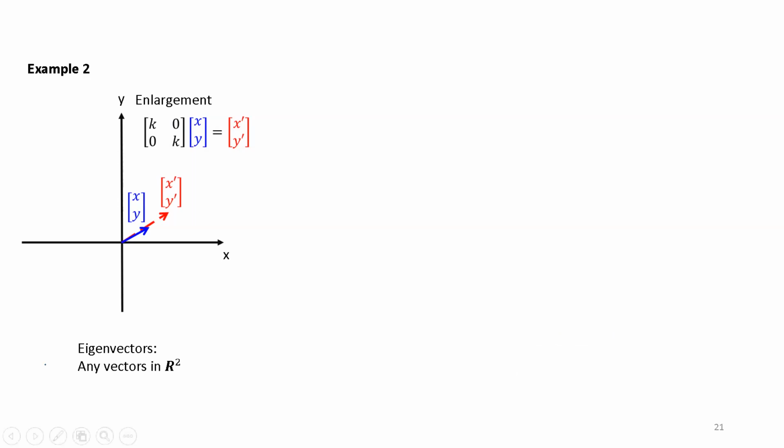So here I will still say that 1, 0 and 0, 1, and their linear combinations, are the eigenvectors of this matrix.